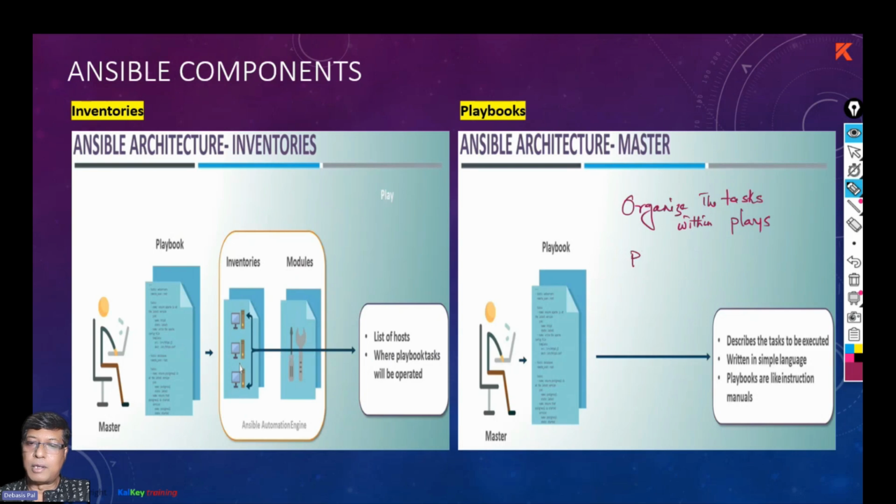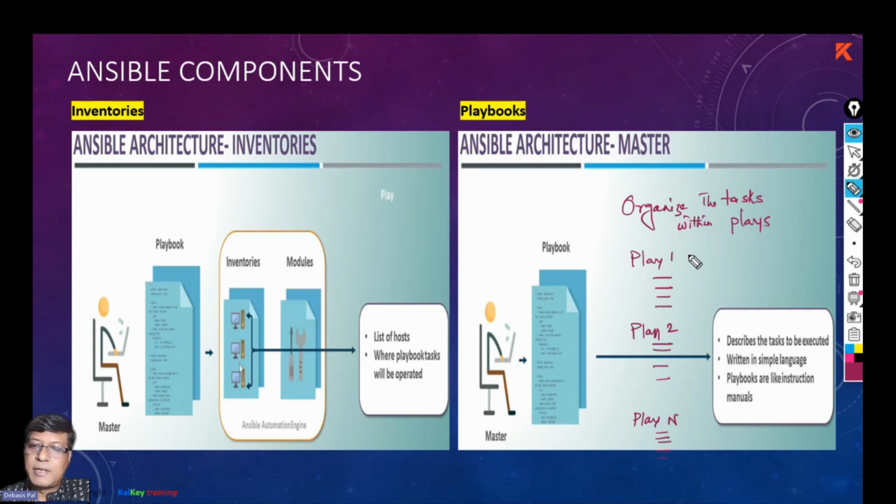Say play one. In play one, there will be task 1, task 2, task 3, task 4, whatever number of tasks. Play 2: there will be task 1, task 2, task 3, task 4. You can have hundreds of plays, with task 1, task 2 and onwards.